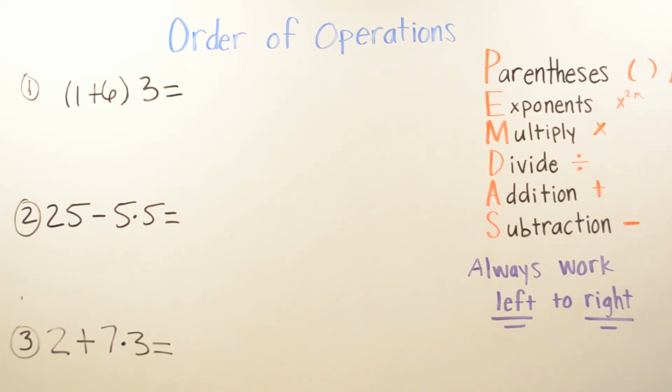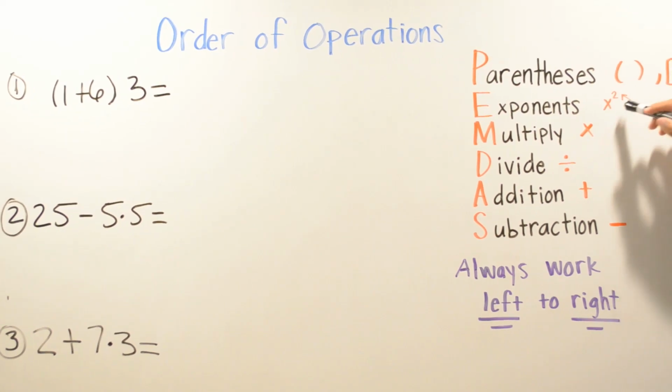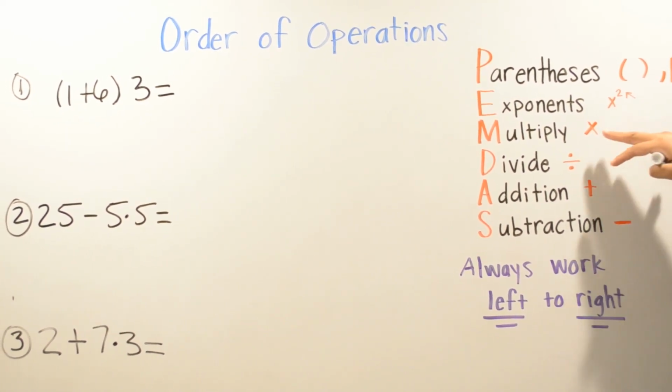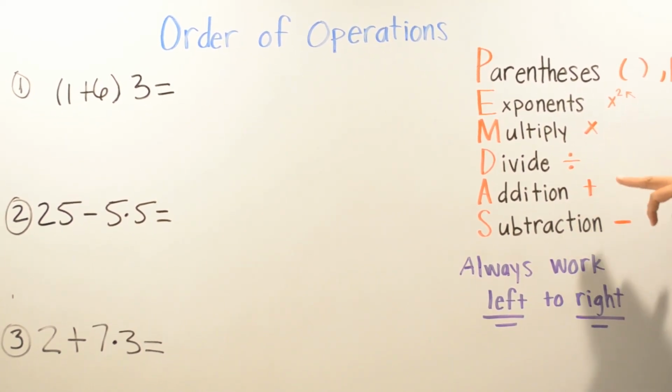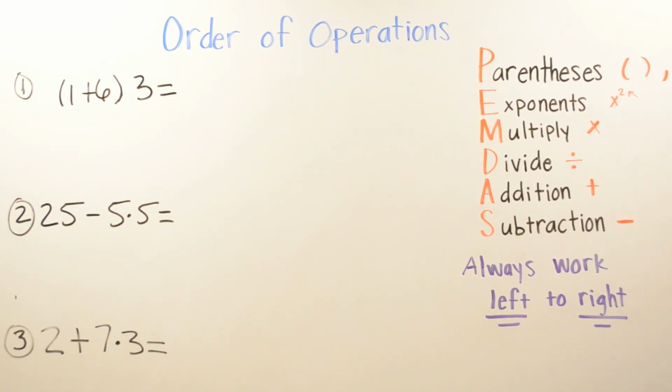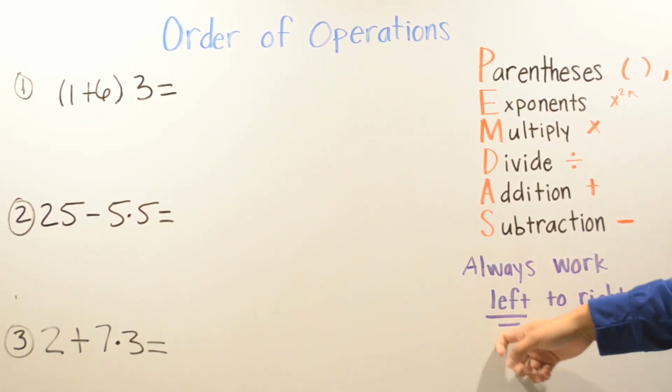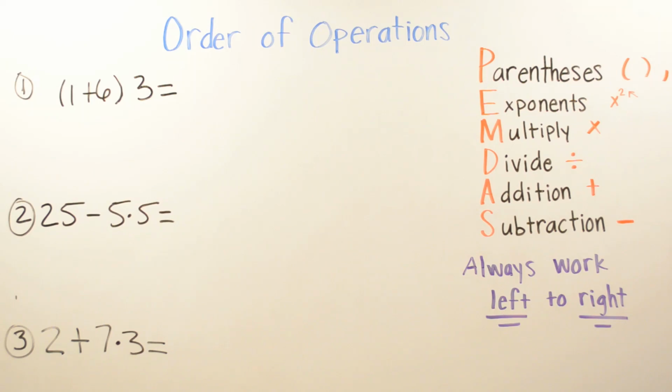So the next step for the order of operations is going to be your exponents, your multiplying, dividing, addition, and subtraction. We always work from left to right, okay? Now, if you're doing multiplication and division, whatever comes first, you can go ahead and do it.